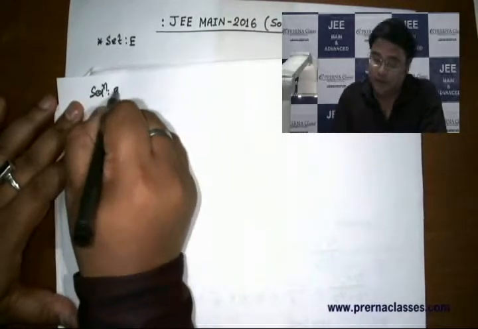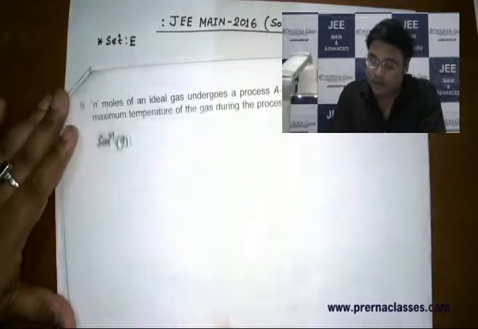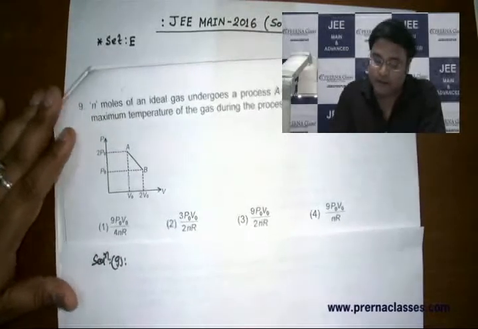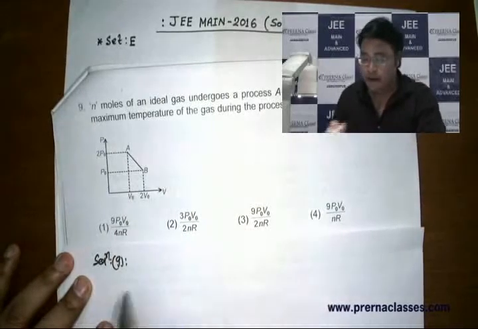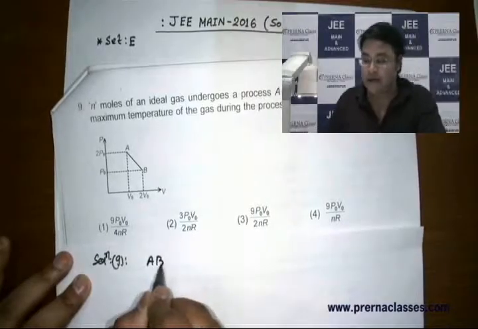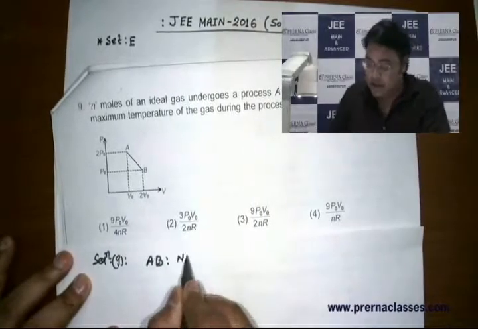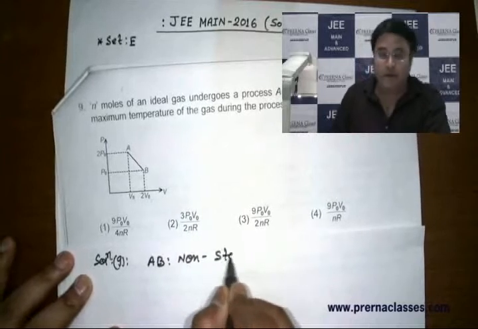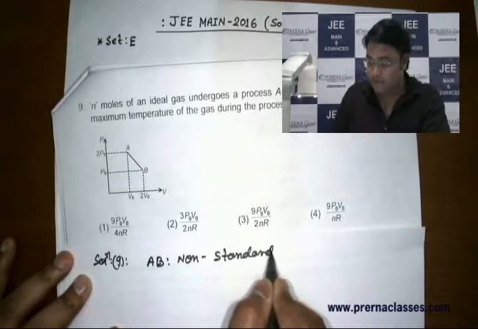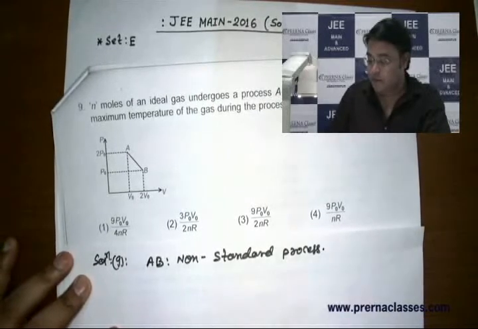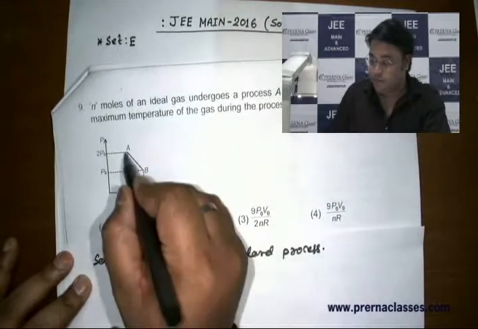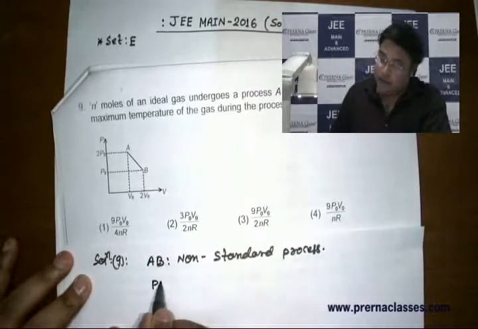Next one is again based on thermodynamics, for the 9th question. Here a PV diagram is given for the process A to D, and you have to find out the maximum temperature during the process. Here AB is a non-standard process.